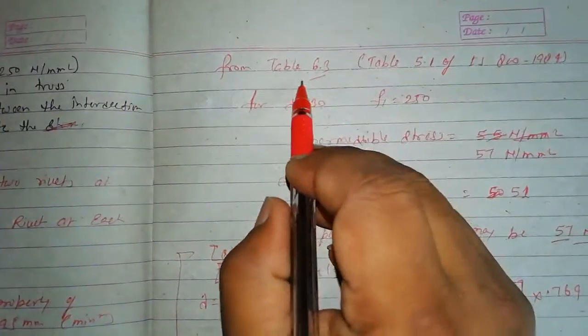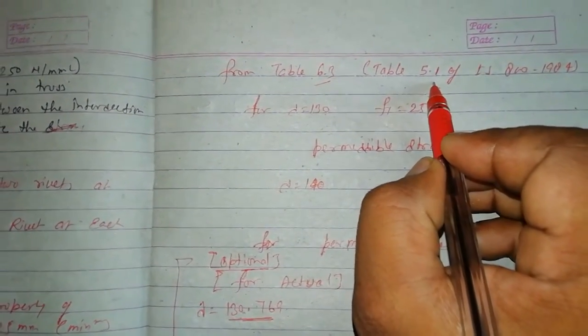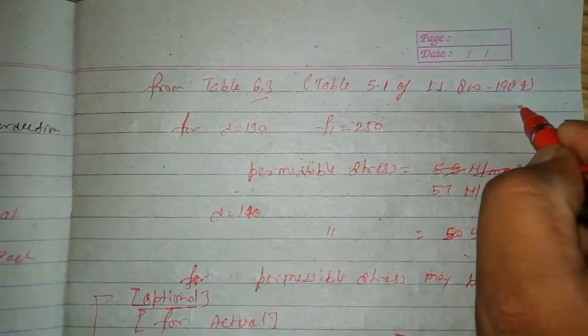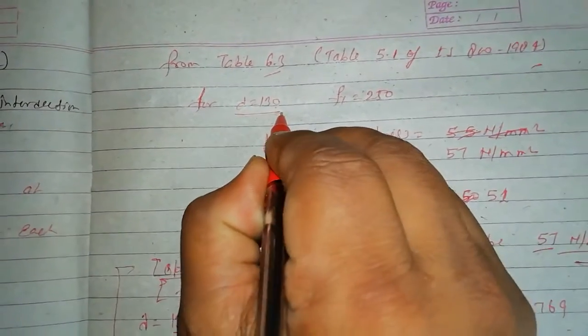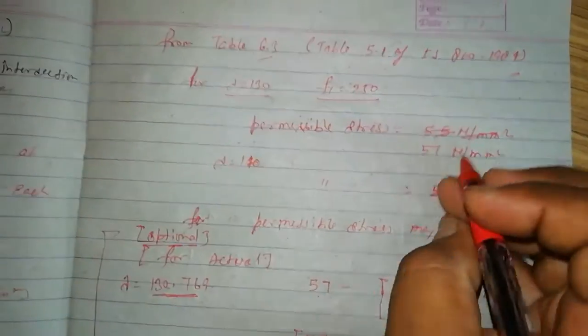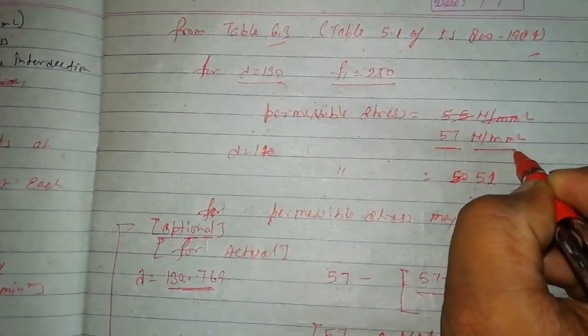So now from Table 5.1 of IS 800 1984, for lambda equal to 130 and Fy equal to 250, the permissible stress given is 57 Newton per mm square.